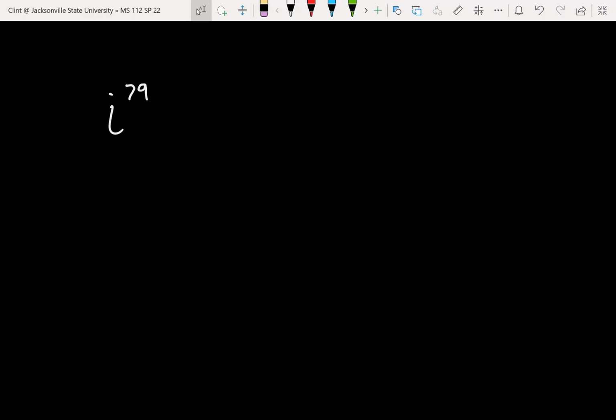So if I start off with an odd power, 2's not going to go into it evenly. So I've got one little step I can take before. I'm just going to break off one of the i's and put it by itself. So I'm going to say this is the same thing as i to the 78th times i to the first. That would be i to the 79th.